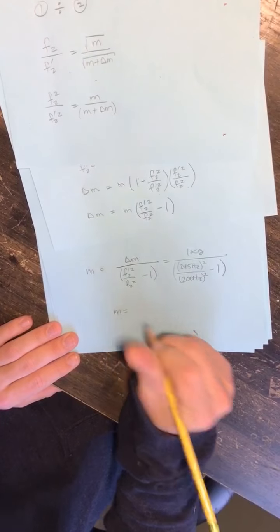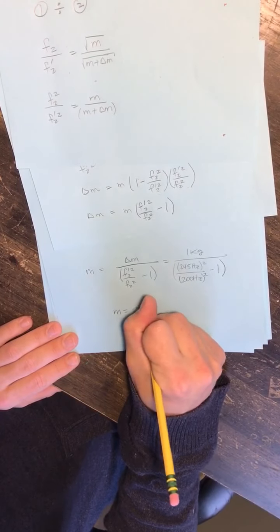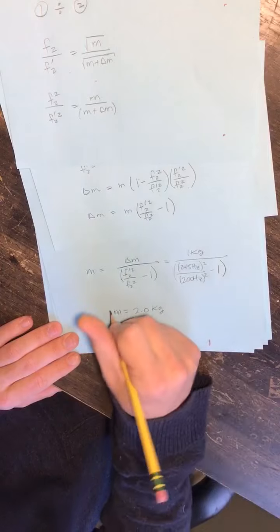Putting that into our calculator, we get that m is equal to 2.0 kilograms.